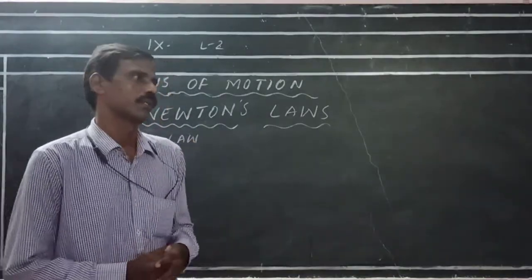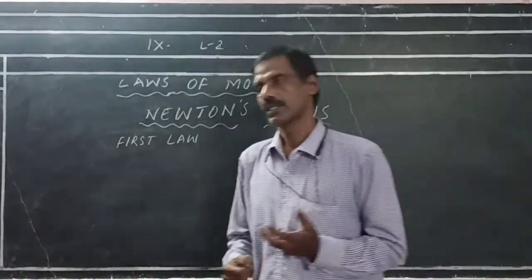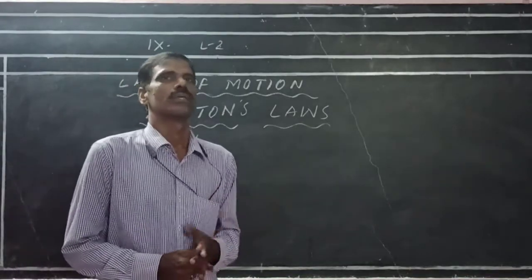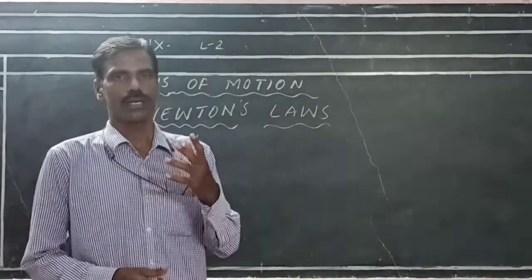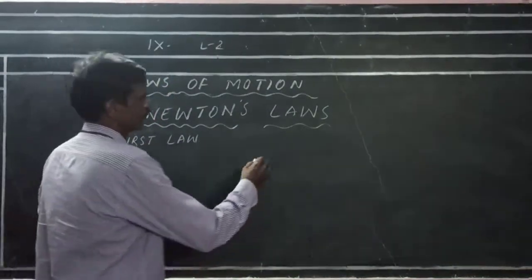The property of a body that makes the body continue in the state of rest or of uniform motion is known as inertia.